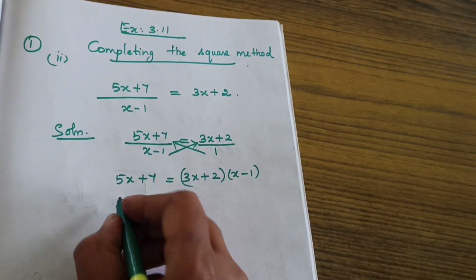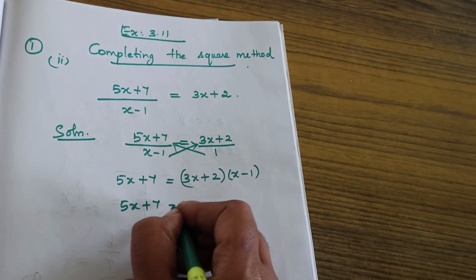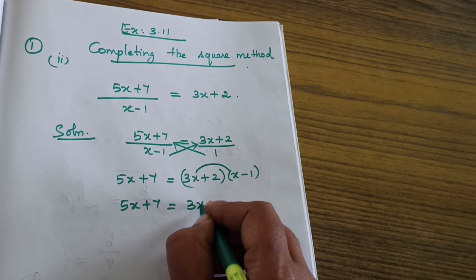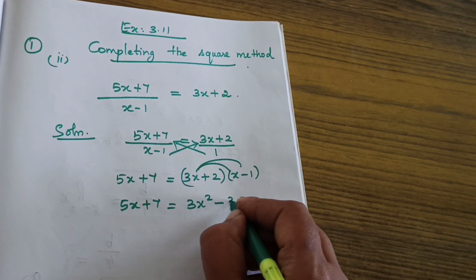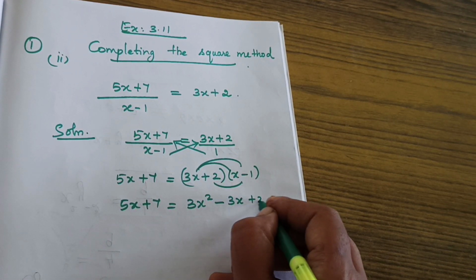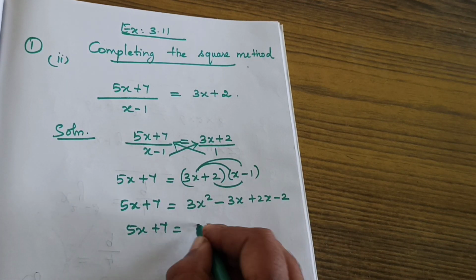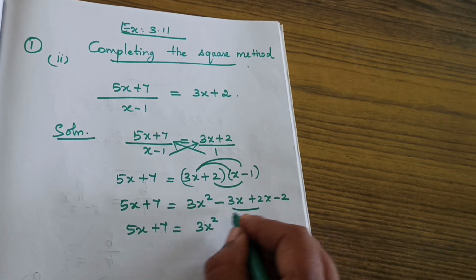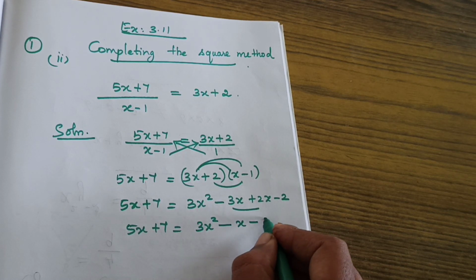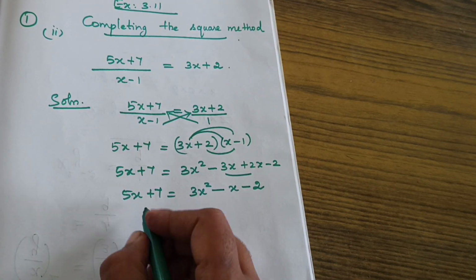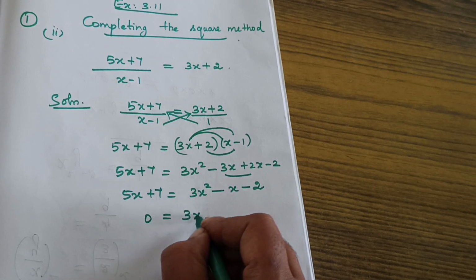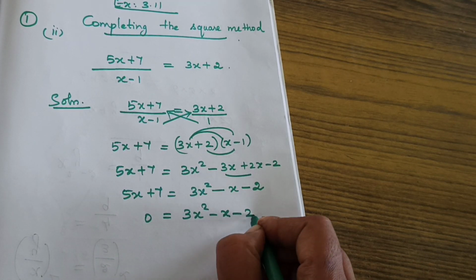Then bracket multiplication. 5x plus 7 which is equal to 3x into x, 3x square. Then minus 3x plus 2x minus 2. Then 5x plus 7 which is equal to 3x square. What is the sign? Minus x minus 2. Taking all the terms in one side. So 0 is equal to 3x square minus x minus 2.